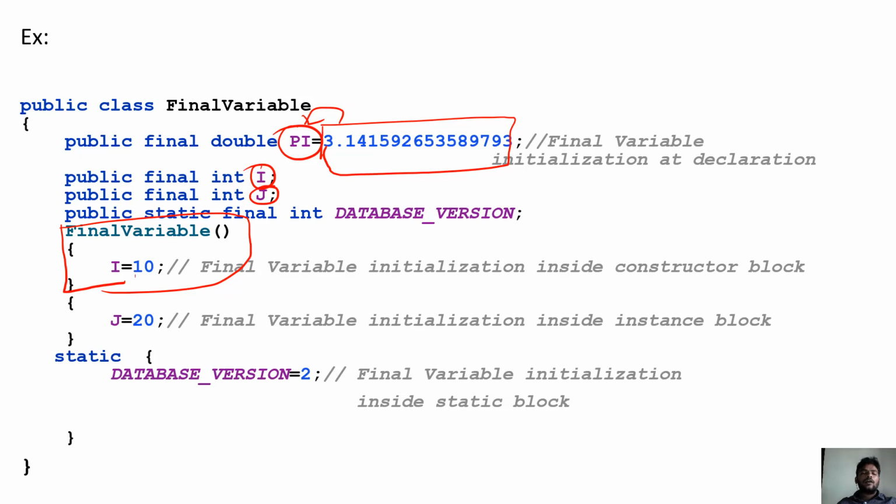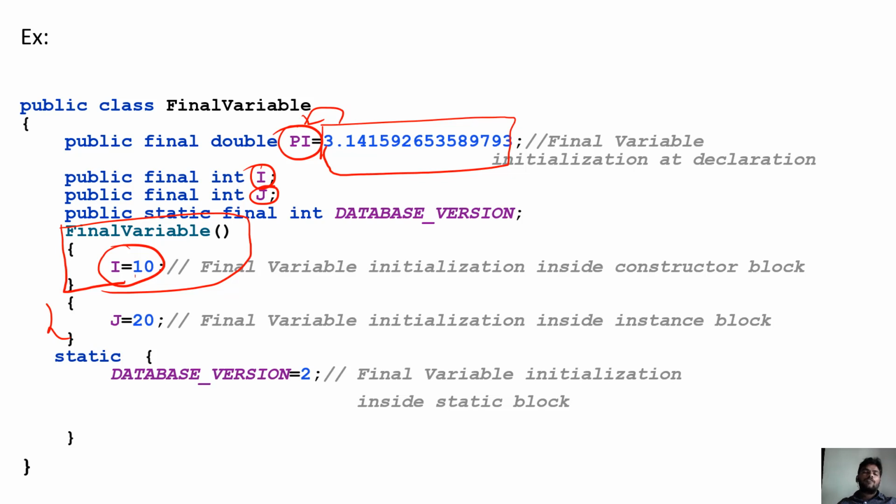Inside a constructor, I initialize my i value. So a final variable can be initialized inside a constructor block. And this is called an instance block. Inside an instance block also you can initialize a final variable.